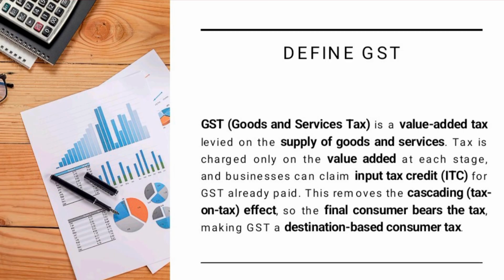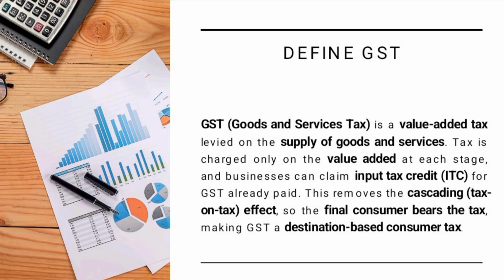Definition of GST. Just see it, and in the example you will clearly apprehend what the definition is. The GST is a value added tax. Value added tax means tax is levied at each stage on the value addition.